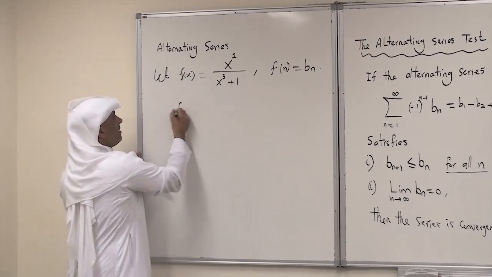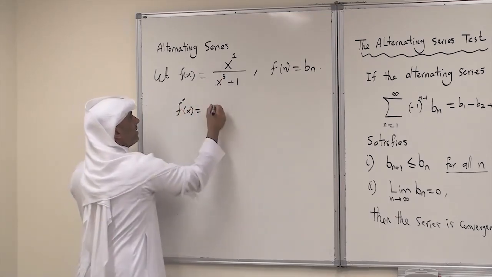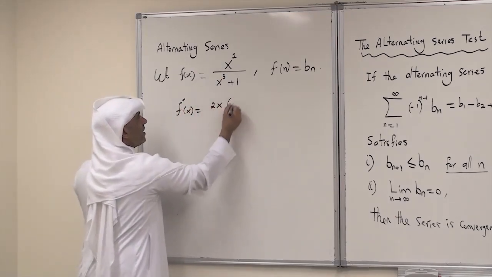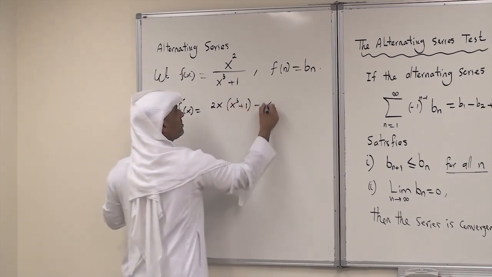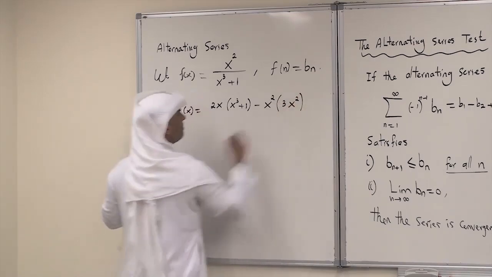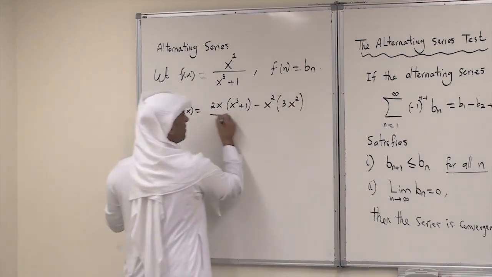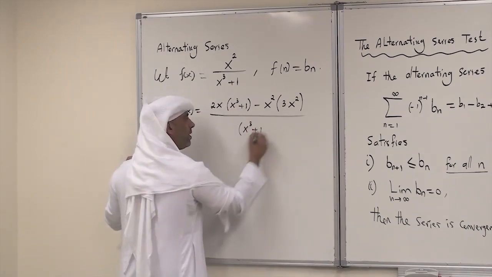So I will find the derivative of the function, f prime of x. Derivative of this is 2x multiplied by x cubed plus 1 minus, the first one is x squared, times the derivative of the second one, that is 3x squared. And then this is all over x cubed plus 1 all squared.